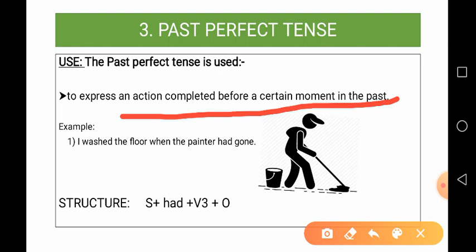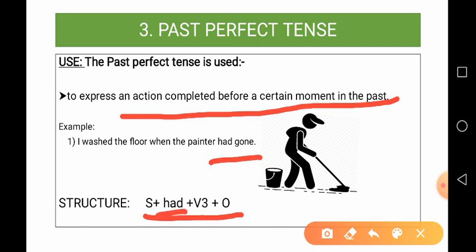You can see here in an example, I washed the floor when the painter had gone. In this second sentence, when the painter had gone, you can see had plus V3, that is past perfect tense. The structure of past perfect tense is subject plus had plus V3 plus object.